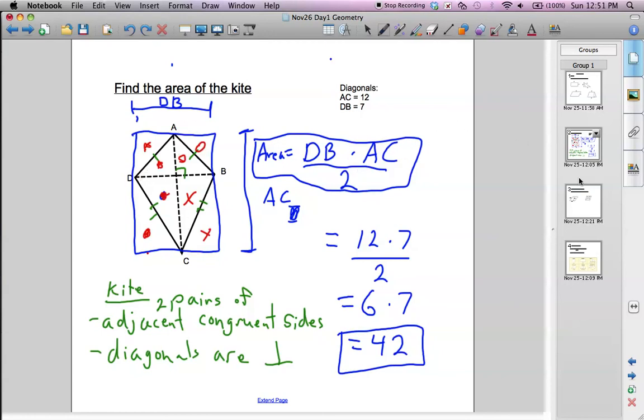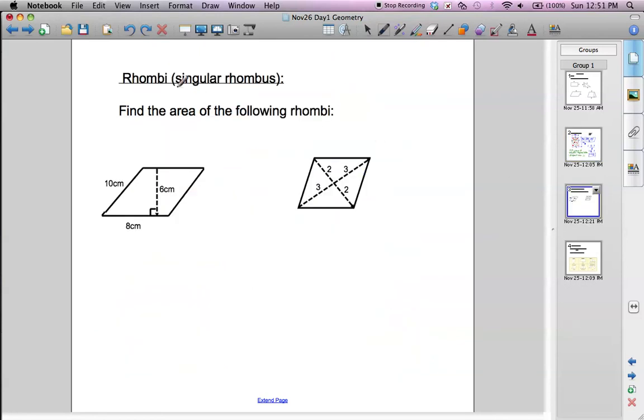Let's take a look at now some rhombi, which is the plural of rhombus. One rhombus, more than one rhombi. And here we've got two examples of some rhombi. In the first example, let's just take a look at a rhombus first of all.